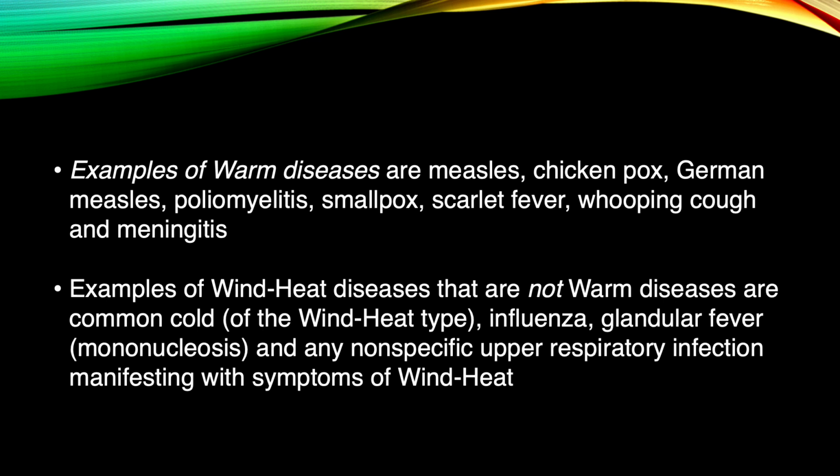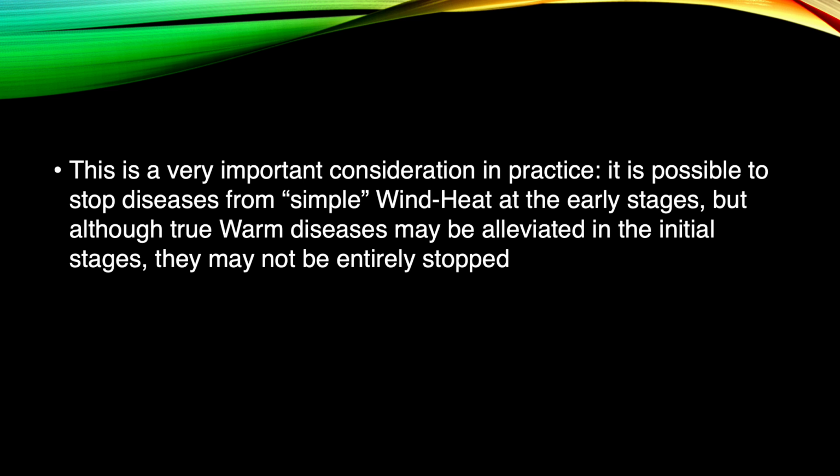Examples of wind heat diseases that are not warm diseases are common cold of the wind heat type, influenza, glandular fever, mononucleosis, and any nonspecific upper respiratory infection manifesting with symptoms of wind heat. This is a very important consideration in practice.